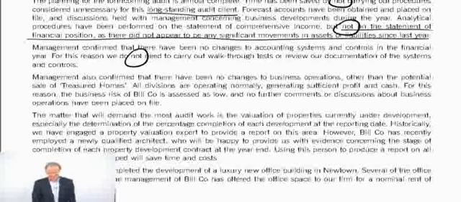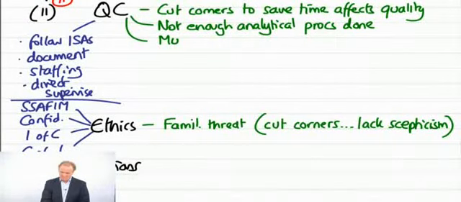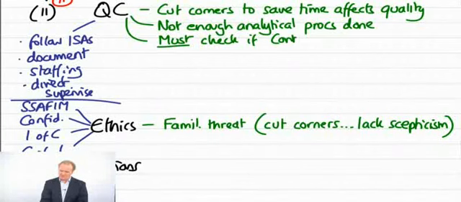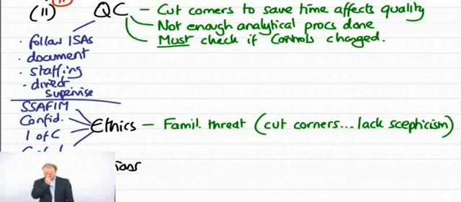If we're not checking the systems and controls, we're just relying on what management are telling us. As I said, lack of scepticism, no one's checking anything. You must check if controls have changed. You cannot simply rely on management. Not good enough.